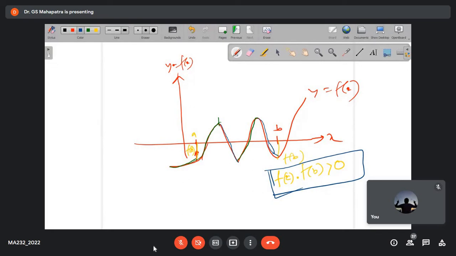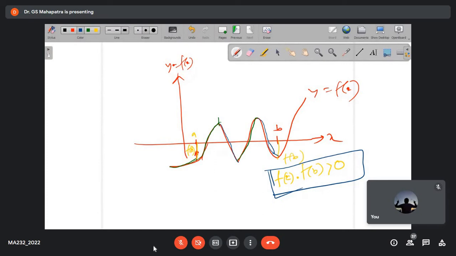According to this, f of a into f of b is greater than 0, and our conclusion based on the concept is that we can't find any root between a and b. But according to the figure, at least 4 solutions are there.